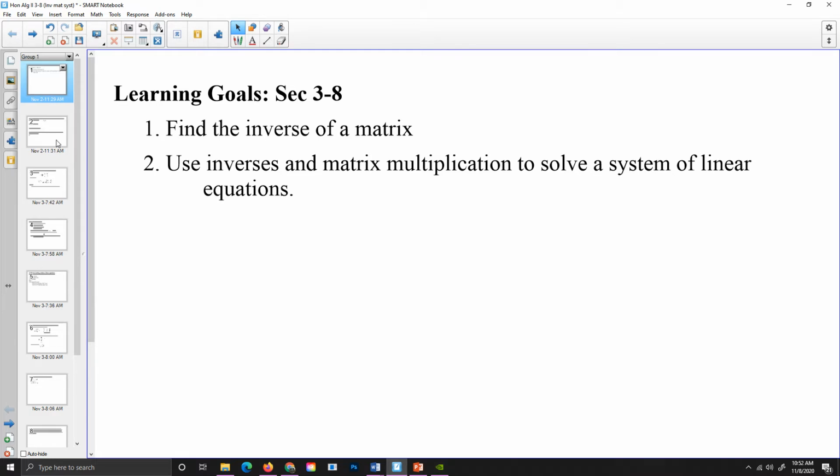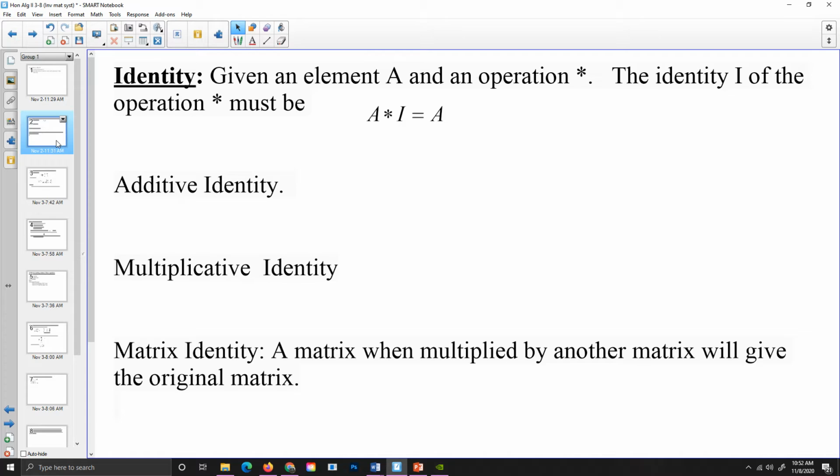So first, we need to talk about the identity. In regular addition and multiplication, there are identity values, and an identity is basically when you do that operation, you get the original back. So if I take 3 and I add 0 to it, I get 3.